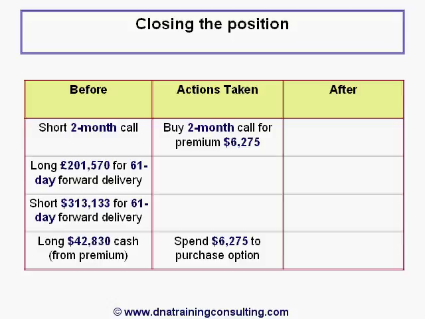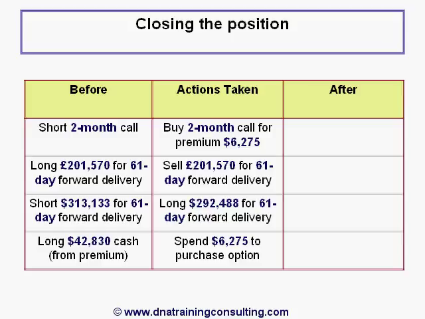Trader would also sell sterling 201,570 notional amount for delivery in 2 months at the current forward price of 1.4511, and therefore against receipt of $292,488 for delivery on the same date.